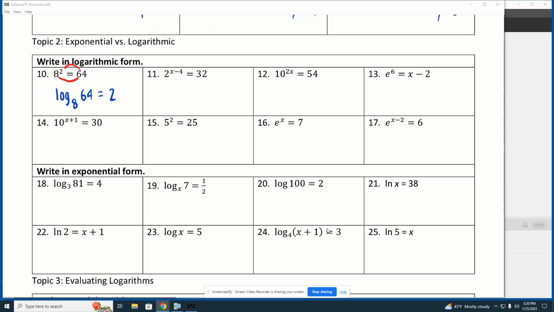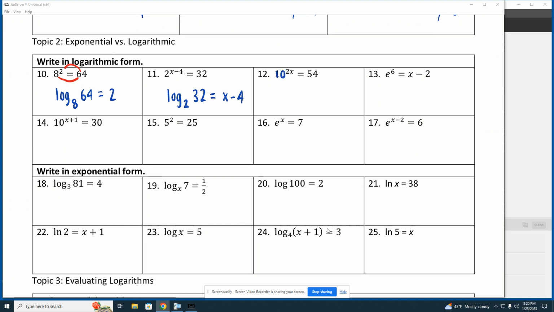And every one of these you do the same way. So, without doing that every time, number 11, the base of my exponent is 2. That becomes the base of my log, log base 2, of 32 equals x minus 4. And we don't have to solve these. It just wants me to write them in logarithmic form. Now, number 12 is a little different.